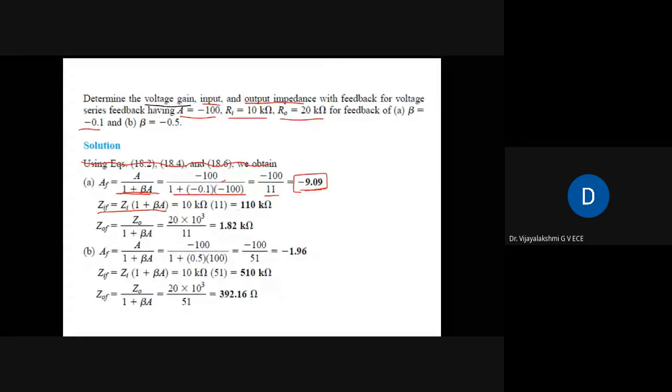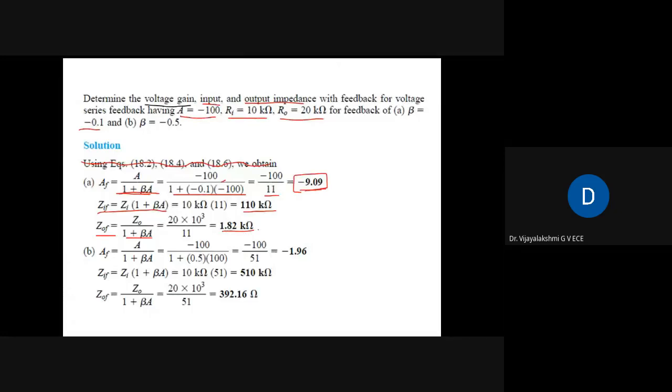Earlier it was 10, now it is 110. And what about the output impedance? Output impedance is Z0 divided by 1 plus A beta. What was Z0? 20 kilo ohm, and 1 plus A beta is 11. So I get 1.82. Earlier it was 20, now it is reduced to 1.82.